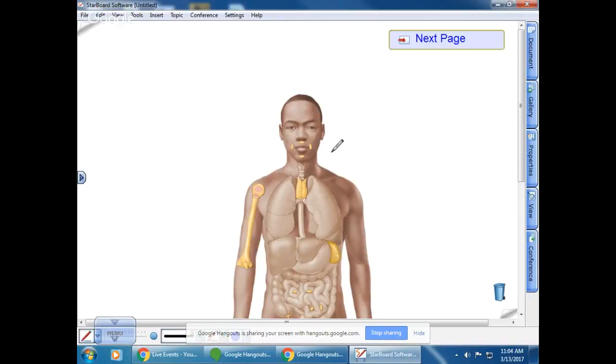Okay, so this is referring to the pharyngeal. These would be the palatine. There's two of those, right, on either side of the throat. And then the one right here is the lingual, the back of the tongue.